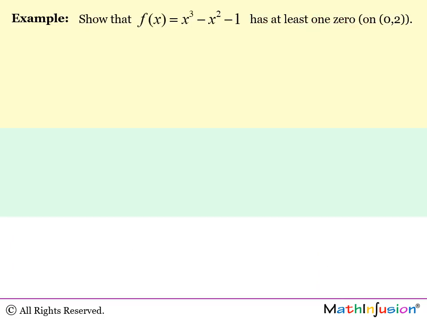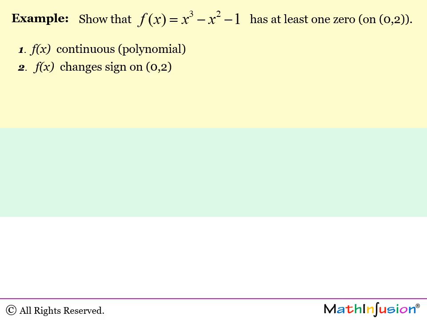Example. Show that the function x cubed minus x squared minus 1 has at least one zero. We will apply the theorem. First, we have to notice that the function is continuous because it's a polynomial. Now we have to show that f(x) changes sign on the interval [0, 2].